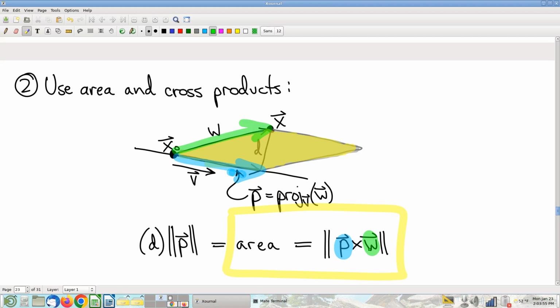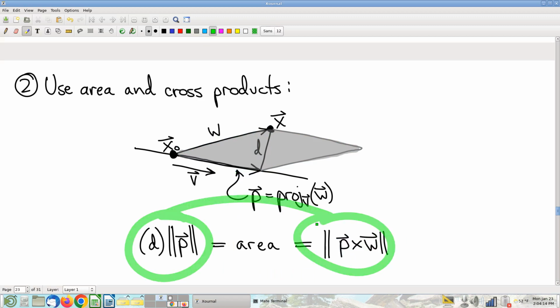Right? One of our cool facts about cross products is the magnitude is equal to the area of the resulting parallelogram. Everybody remember that one? Okay, so we have successfully computed area that we don't care about two different ways. The thing that we're interested in is one of the participants in that equation. Solve for D, victory.